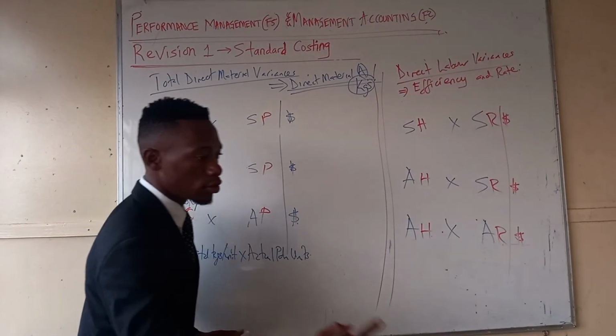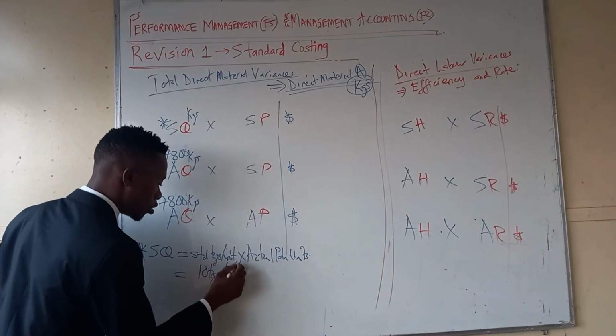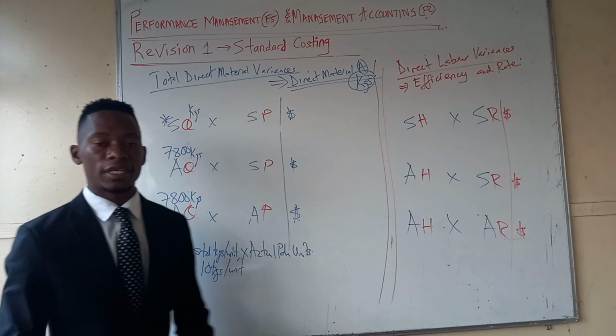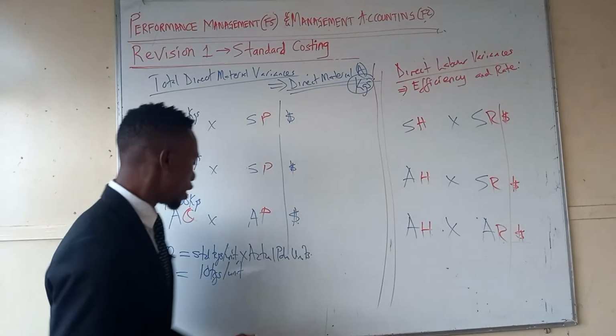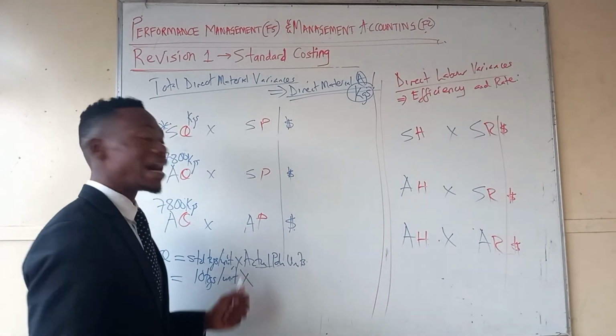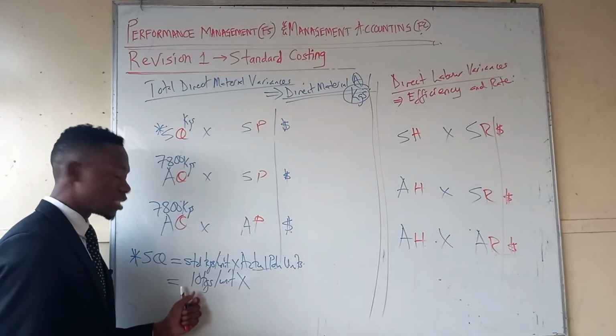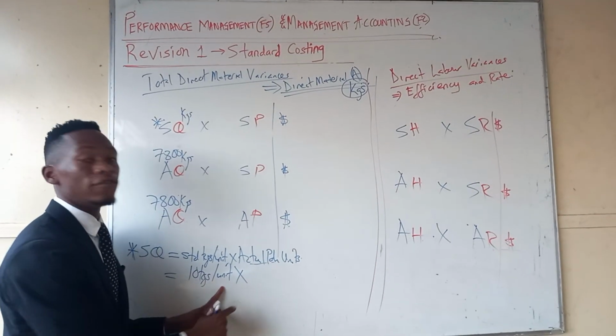According to the question, we have 10 kgs per unit, so we were expecting to use 10 kgs for every unit.